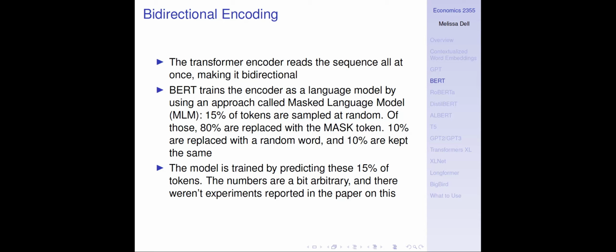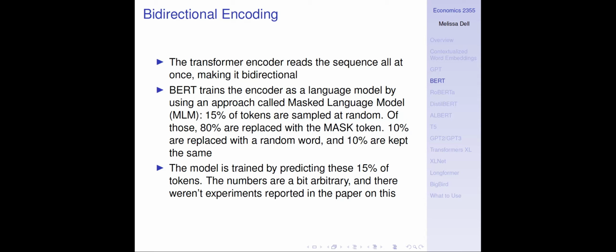And of those 15% of randomly sampled tokens, 80% are replaced with the mask token. 10% are replaced with a random word, and 10% are kept the same. And the model is trained with a loss that compares the predictions for what word is at that step with these tokens.